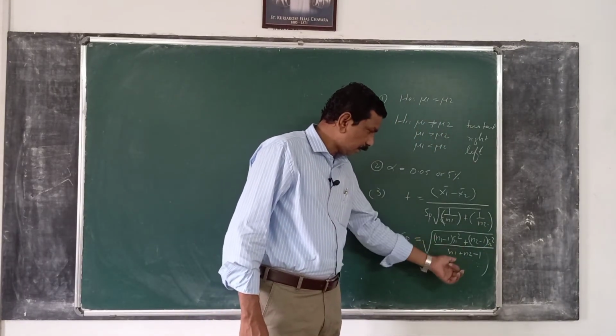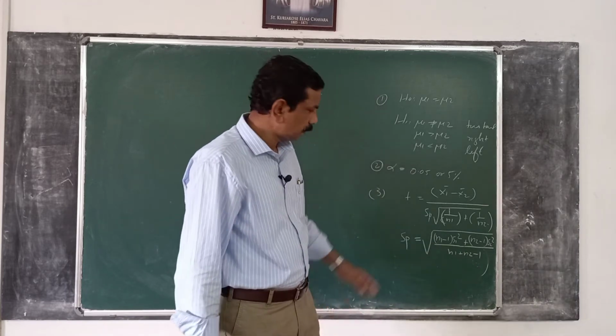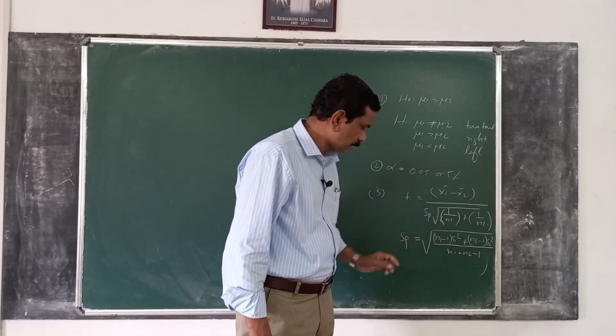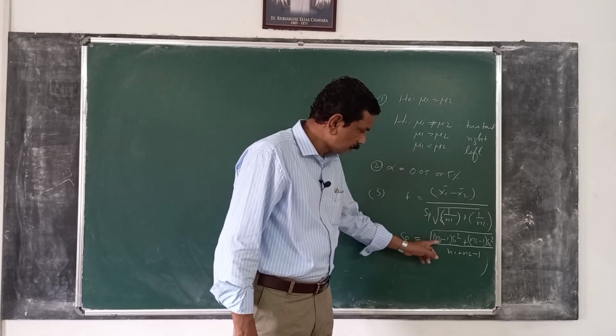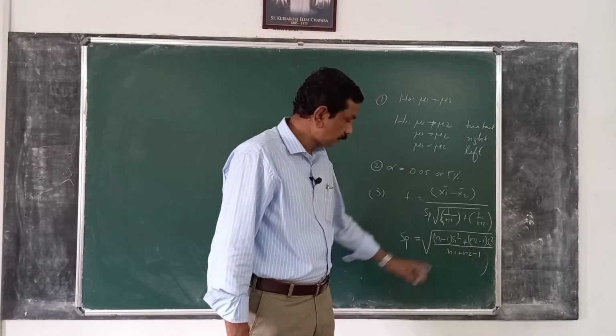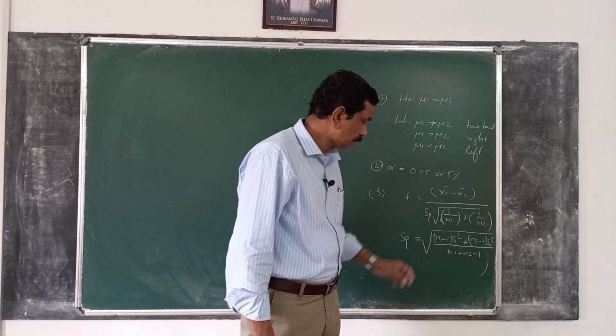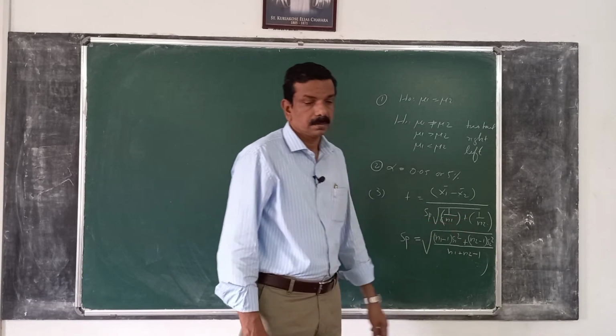SP is calculated by this formula, and all these quantities are known, because SP can be calculated if the sample variances and sample sizes are known.